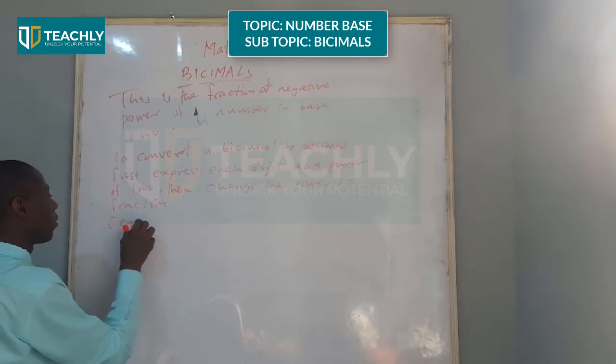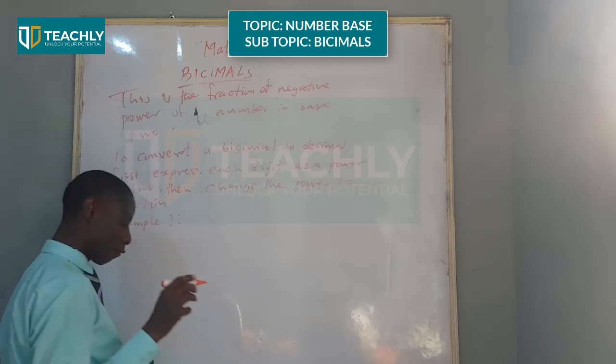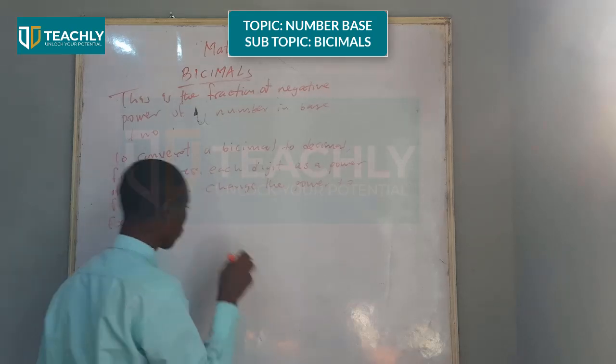Example 1 says convert the following Bizima to decimal.